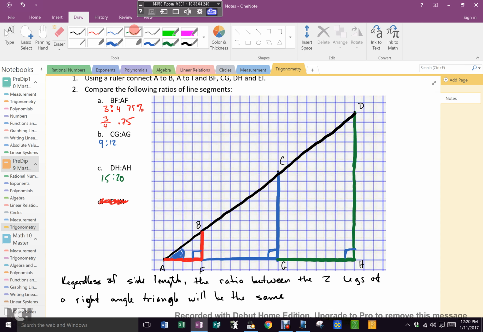Take your pen and put an X somewhere between F and G. It doesn't matter where. Just put an X. All right? And then go up, straight up from your X to where the black line meets, and draw that line.